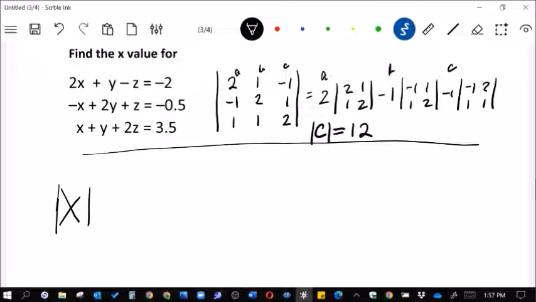And what that's going to do is require us to do the same type of determinant here, except that this column will be different. So equals, let's put in that second column and third column.